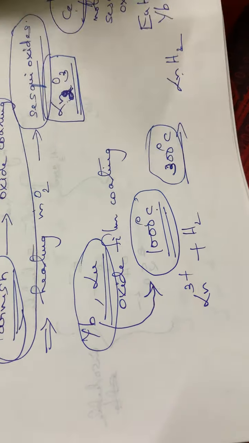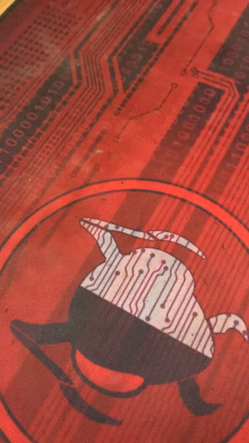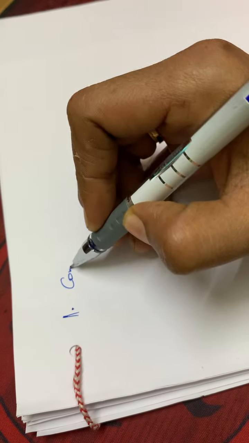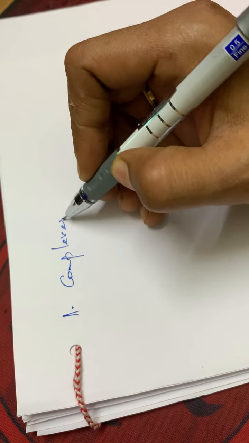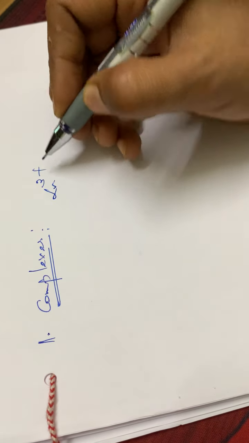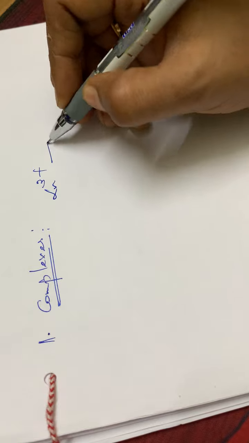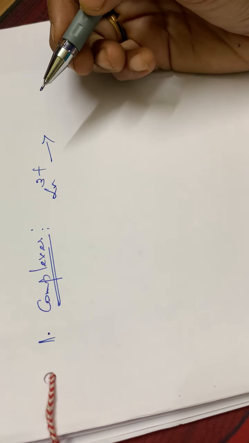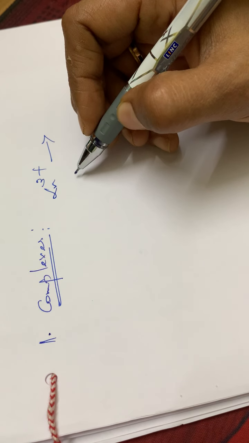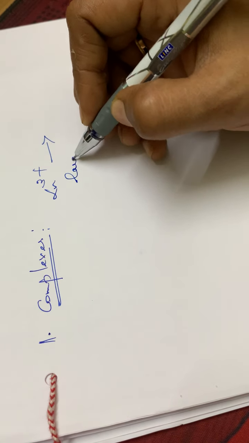Then the next one, that is complex formation, the 11th point, complexes. See here, lanthanum has an oxidation state of +3, and this +3 state favors the formation of complexes. And also the ions are somewhat larger, isn't it?